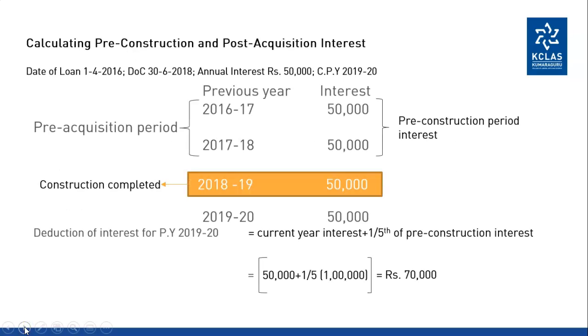Supposing the date of loan is 1/4/2016 and the date of completion is 1/7/2018. Annual interest paid by the assessee is 50,000 per annum, and the current previous year is 2019-20.